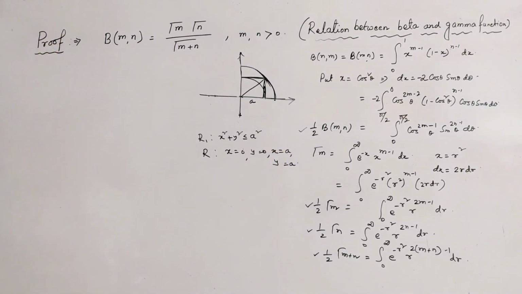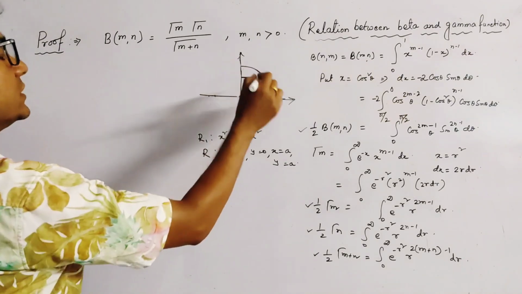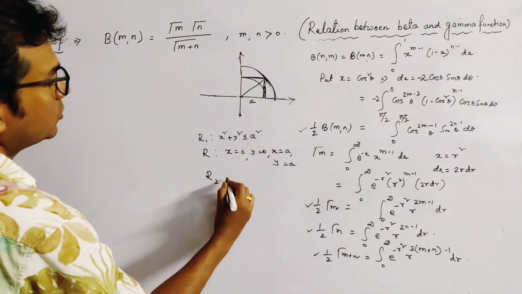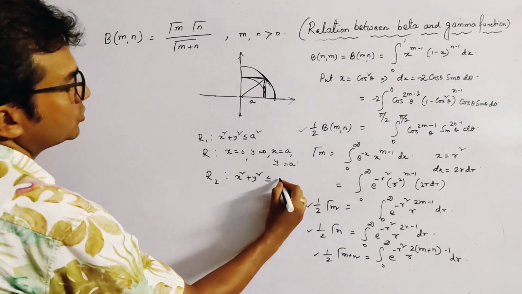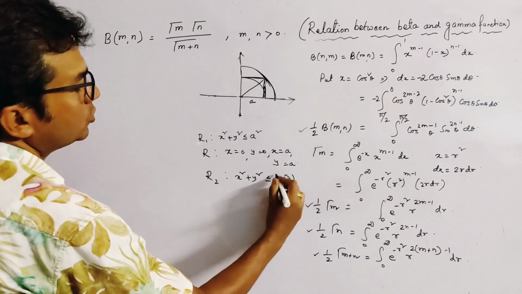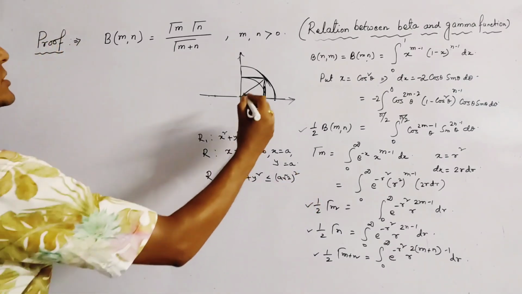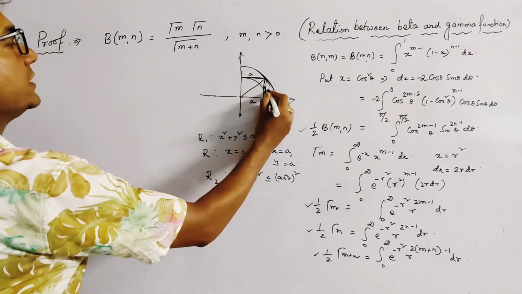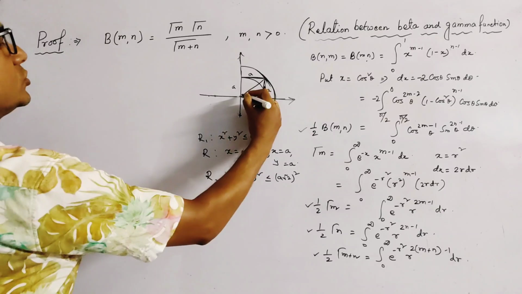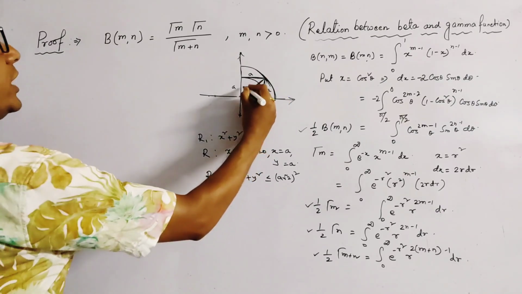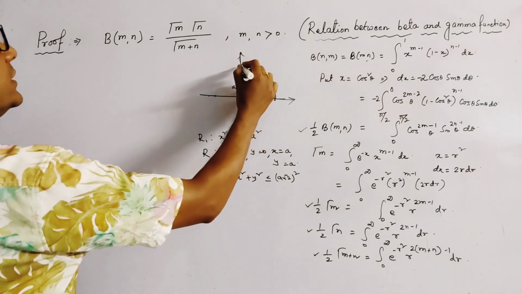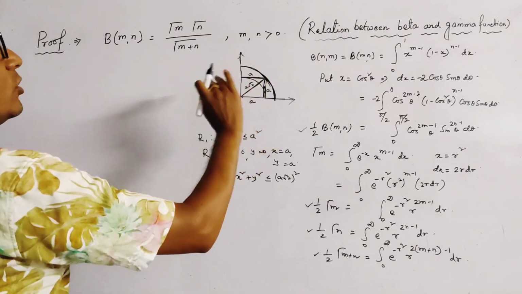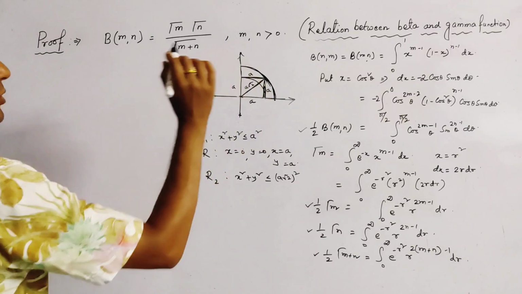And the third region R2 is given by x square plus y square less than or equal to (a root 2) whole square, because this side is a, this is a, this is a. So the diagonal of the square is a root 2, and the radius of the last circle, the outer circle, is a root 2.